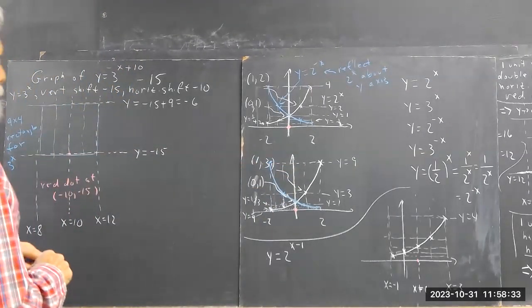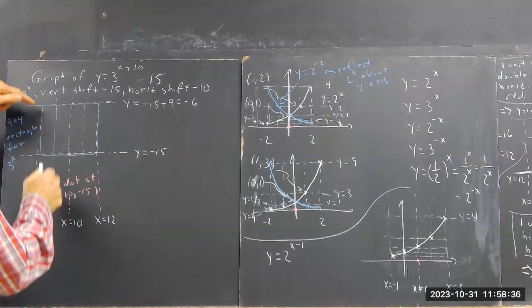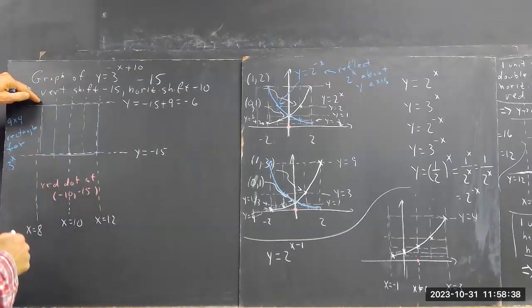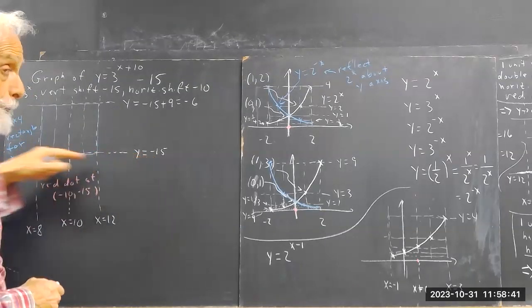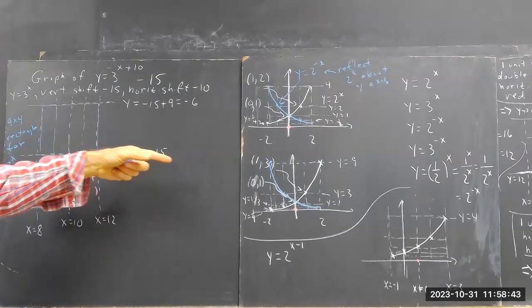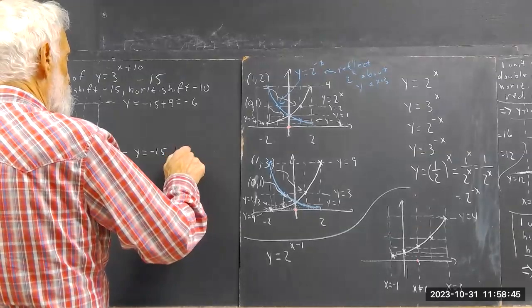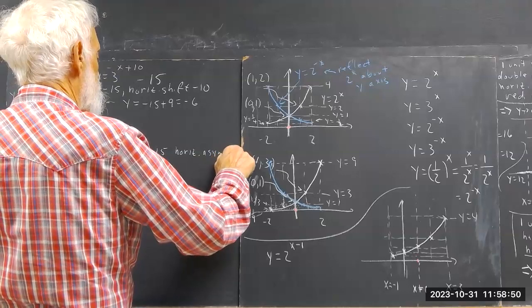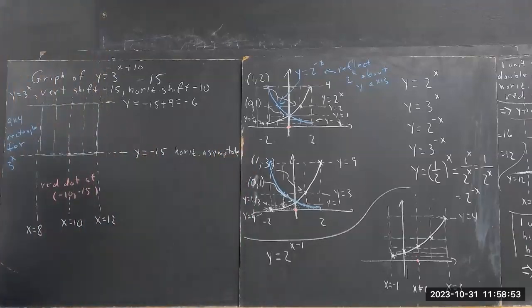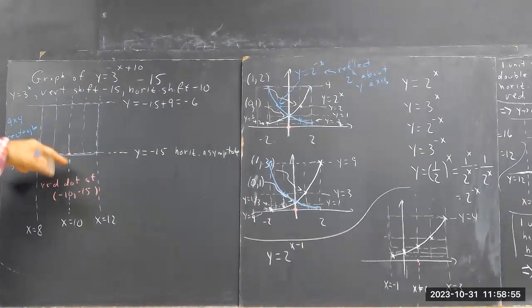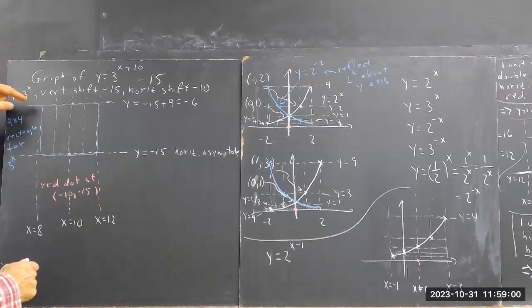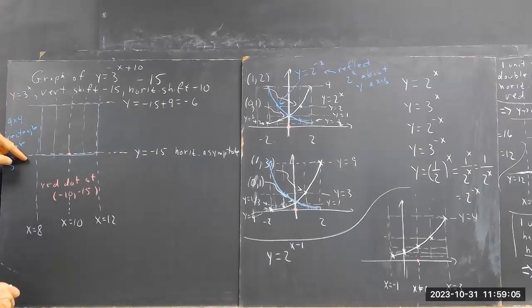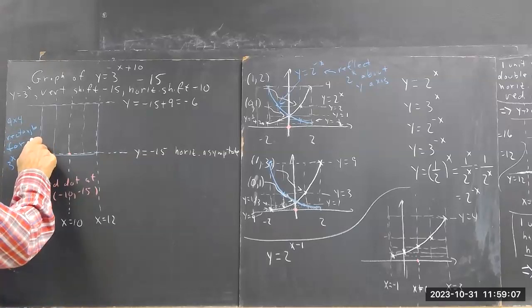Okay. It's 3 to the x. So instead of going twice as close to the asymptote, because we see that this is going to be our asymptote now, the horizontal line through the red dot is our horizontal asymptote. From the y equals negative 6 line, we go 3 times as close to the y equals negative 15 line.